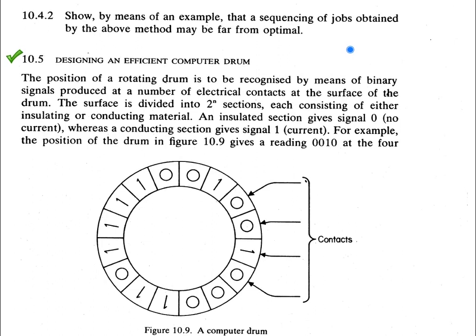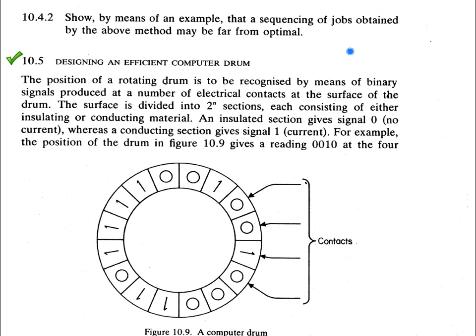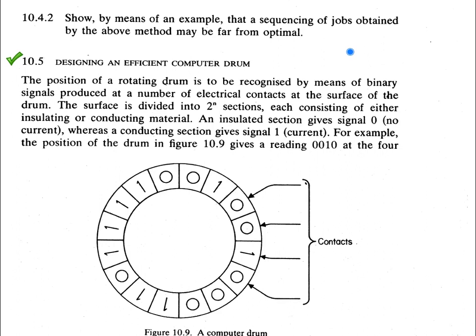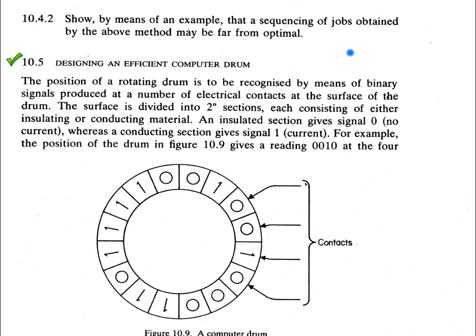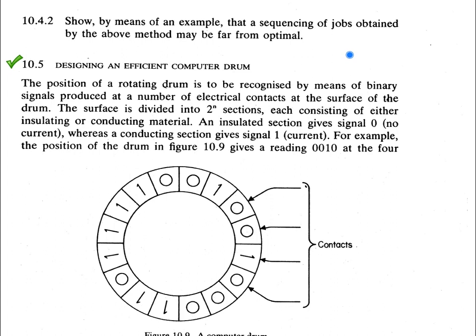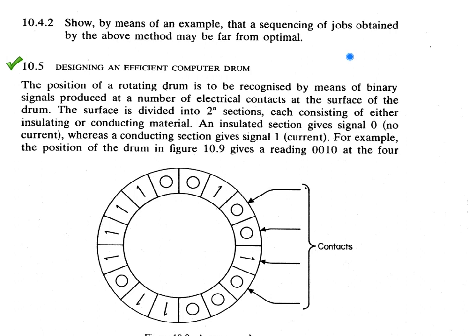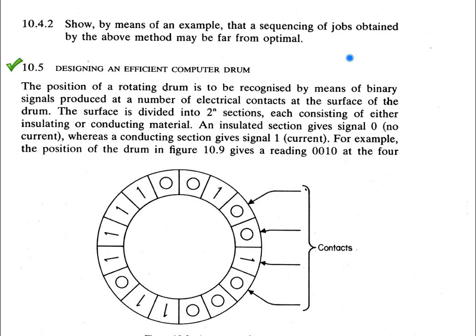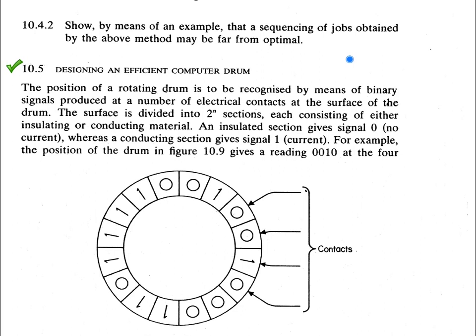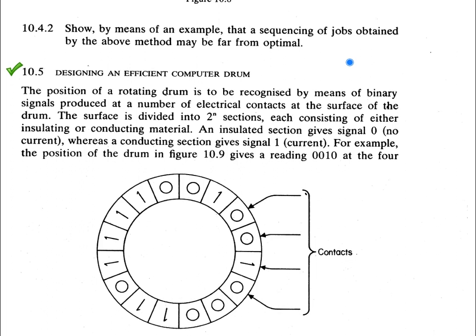Okay, in the sense that on the disk itself you put insulating or conducting areas so that when the contacts touch the margin of the disk, they either receive a 0 or receive 1. Okay, and out of this, in this case, 4 tuple of zeros and ones, it should be possible to recognize the exact position of the wheel of the disk. Is that possible? Yes, it is.